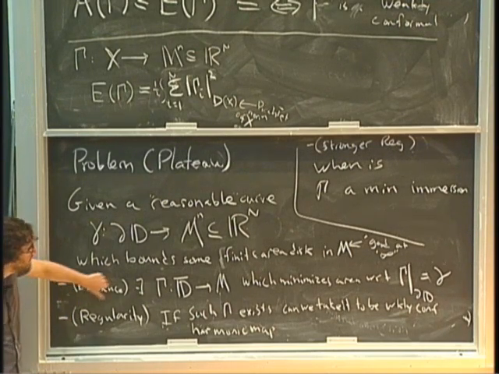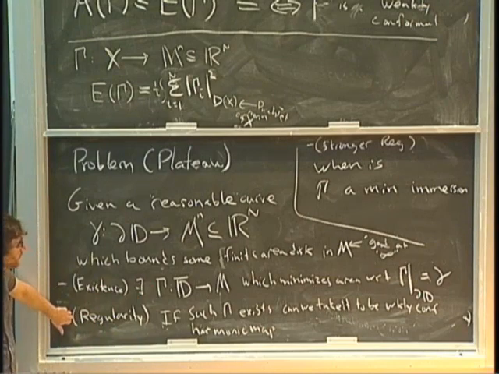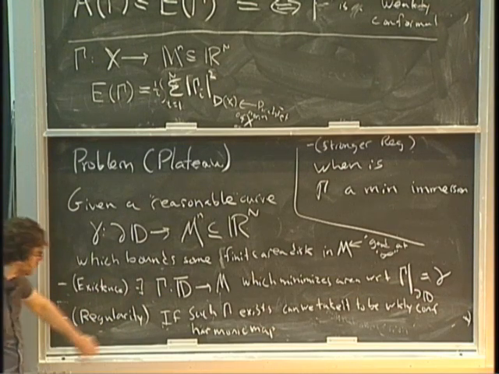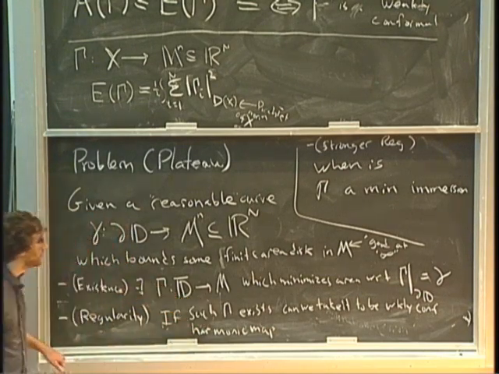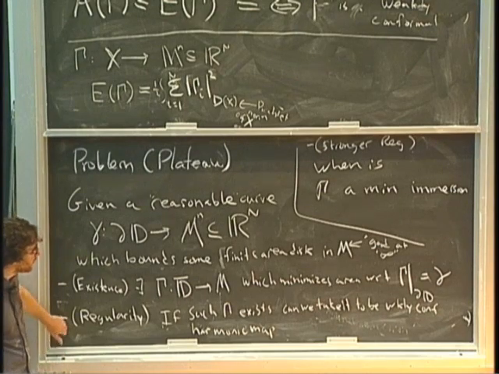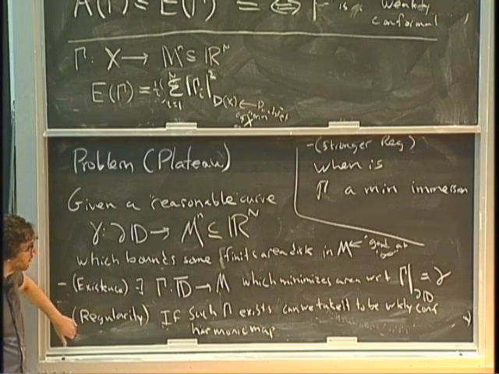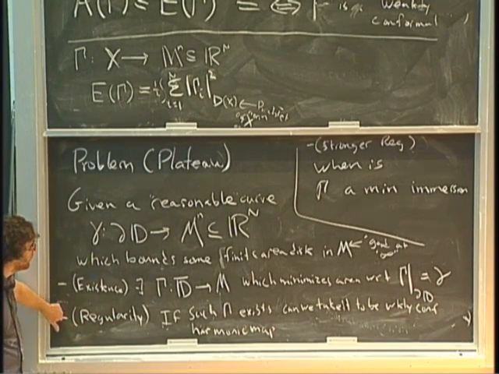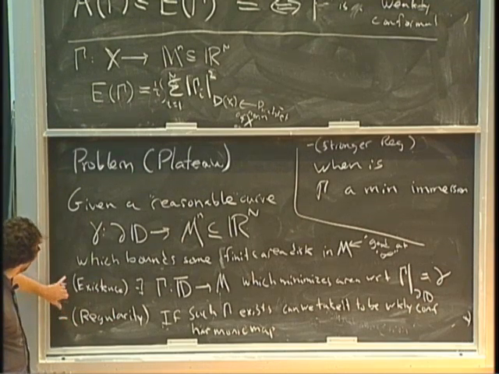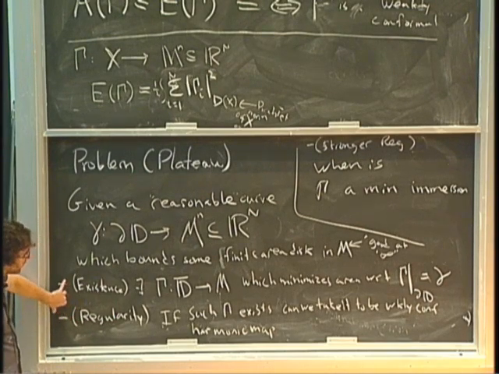So they established there was a minimizer, and they established that the minimizer had the following regularity. You could choose it to be a weakly conformal harmonic map, in other words, a minimal immersion away from a finite set of branch points. What was interesting is that Jesse Douglas got the first Fields Medal for it in the 20s.